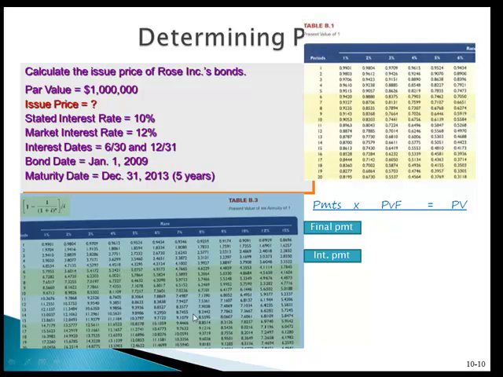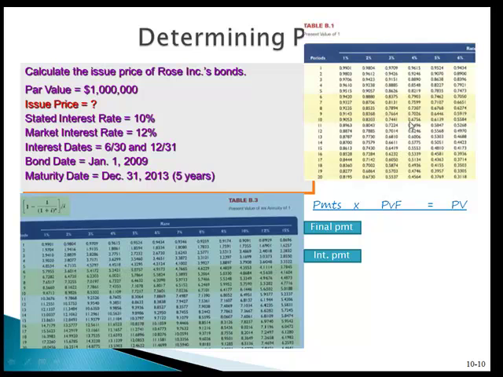But present value of an annuity is made for when you make multiple payments of the same dollar amount. With bonds, our interest payments are the same cash payout every time, so our interest payments are annuities. So we're going to use both of these tables when we're figuring out the bond price.